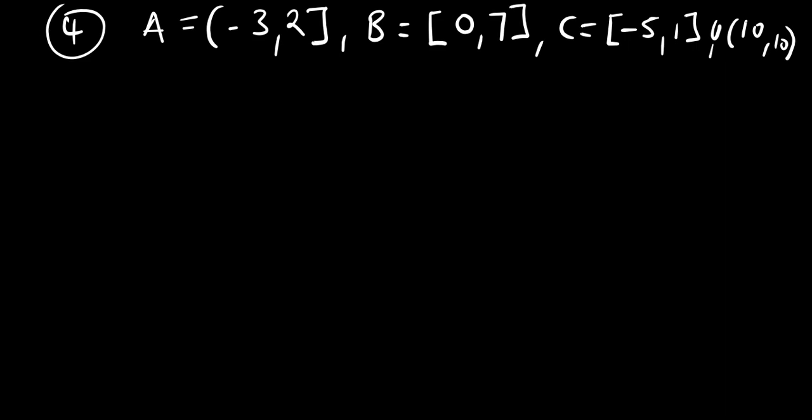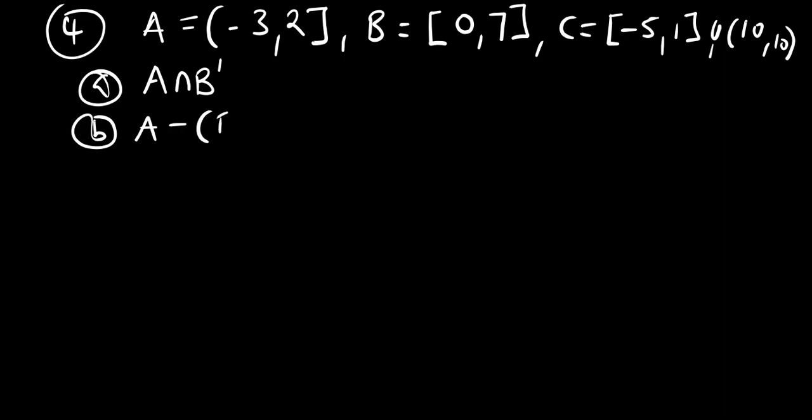So let's just put two questions. Let's say you're told to find A intersection B complement, which is the same as A minus B, and you're told to find A minus, let's say, B minus C. Then there's a complement outside.